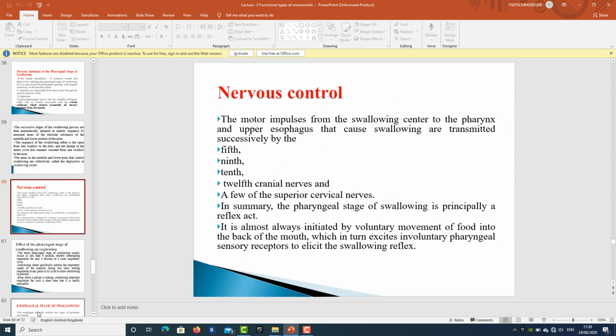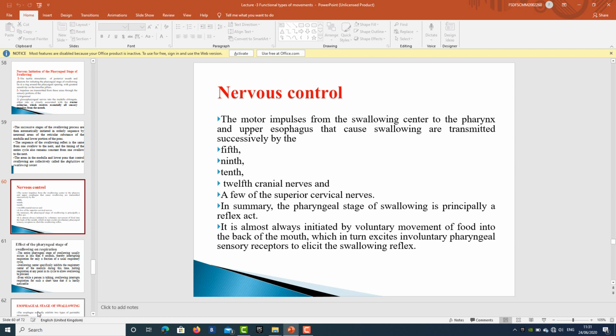Now we should be knowing about the nervous control of swallowing. Motor impulses from the swallowing center to the pharynx and upper esophagus that cause swallowing are transmitted successively by the following nerves. And what are they?